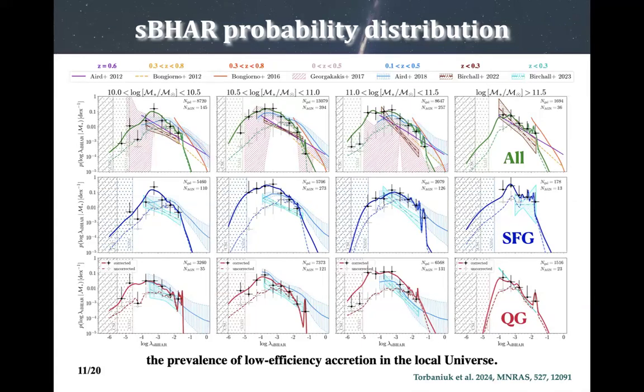It's a problem of our sample: the SDSS sample was compiled without very bright AGN, so there are no quasars in our sample.